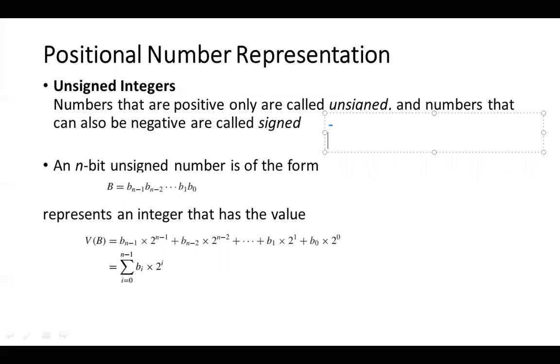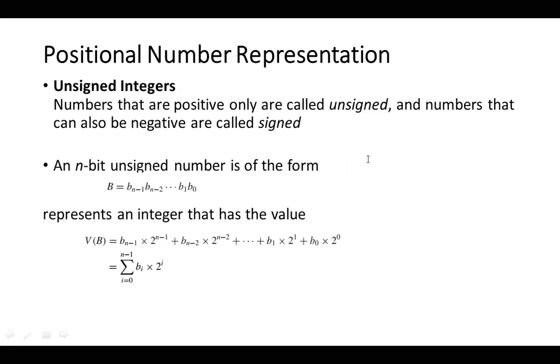If we use a plus, it is a signed integer, but still we try to avoid using plus. Numbers that are positive are called unsigned, and numbers that are negative are called signed.